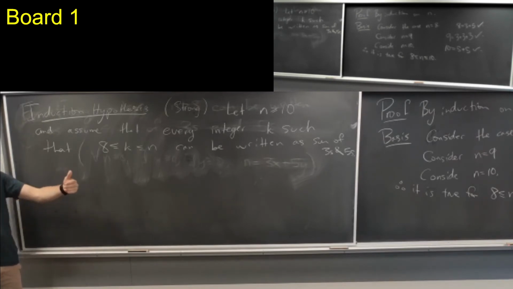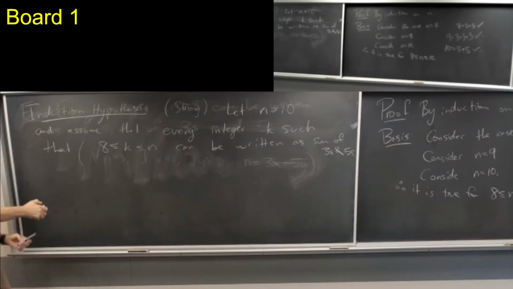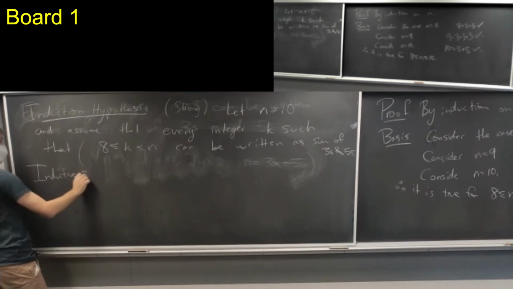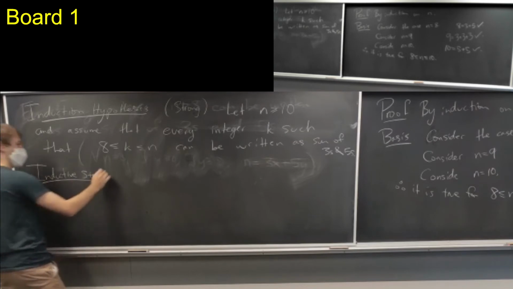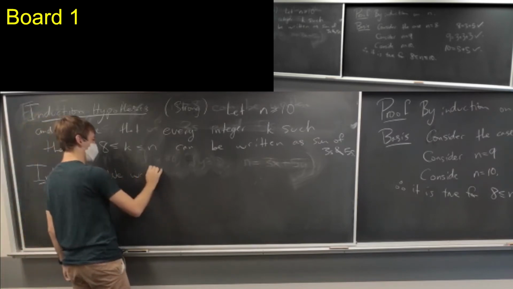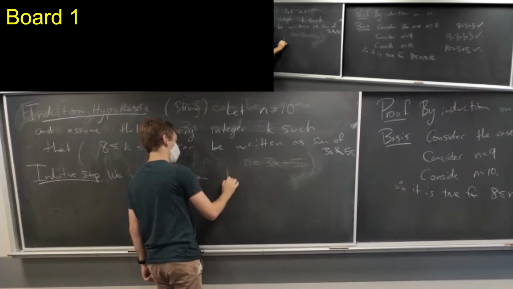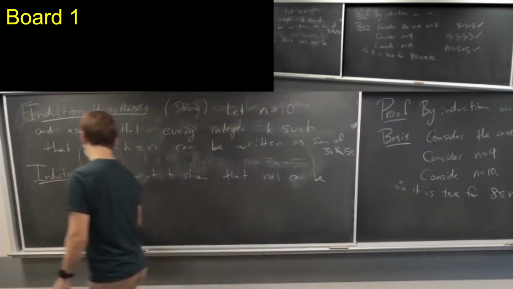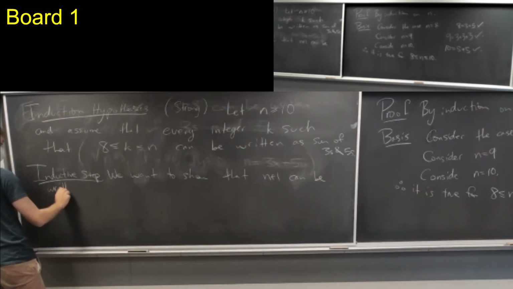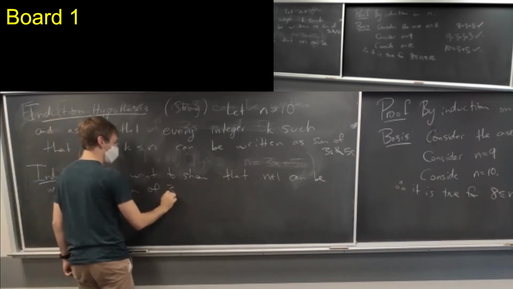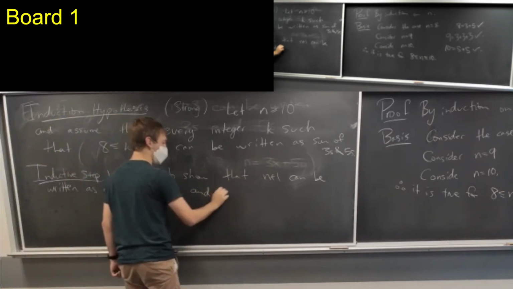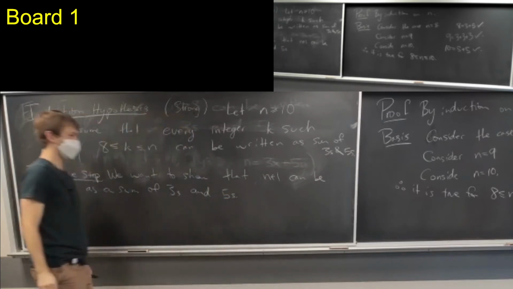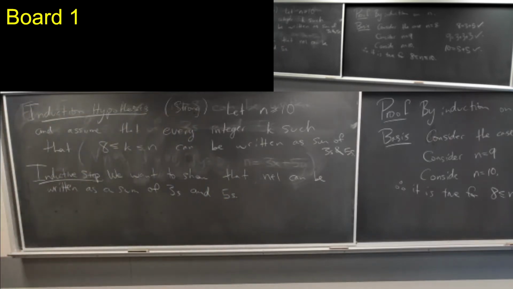I'm assuming that the early cases can be proved, and I want to prove the next case. So we want to show that n plus 1 can be written as a sum of 3's and 5's.